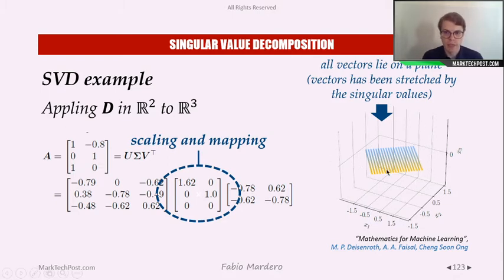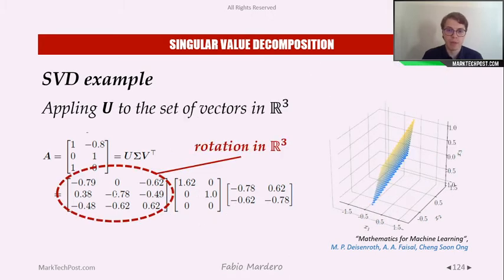As you can see in these pictures, our vectors still lie on a plane, but the vectors are stretched by the singular values, and now the environment is a 3D space, not a 2D plane as before. Finally, we apply U, in which we rotate the plane in the 3D space.